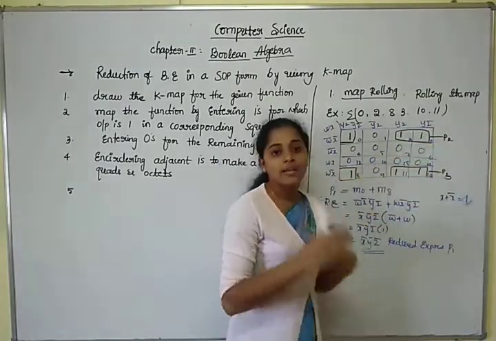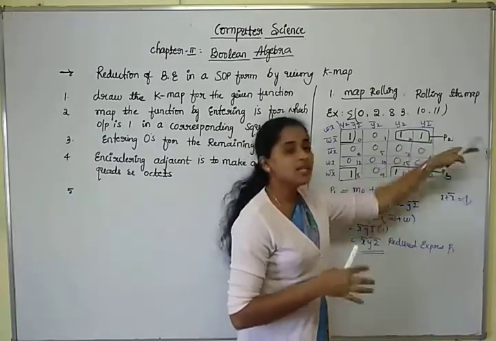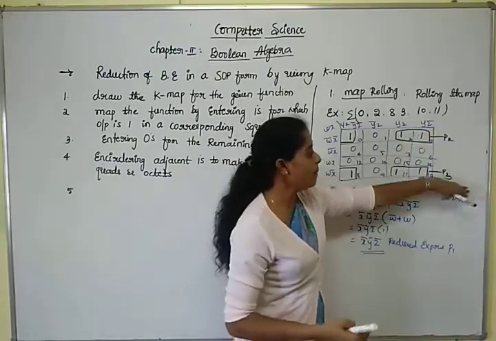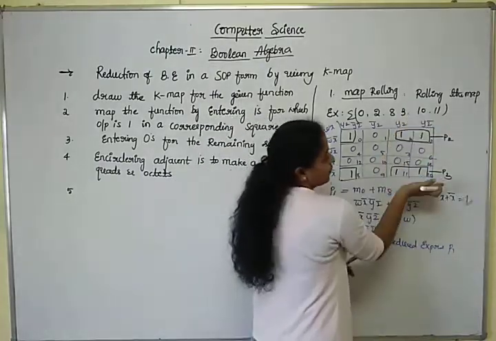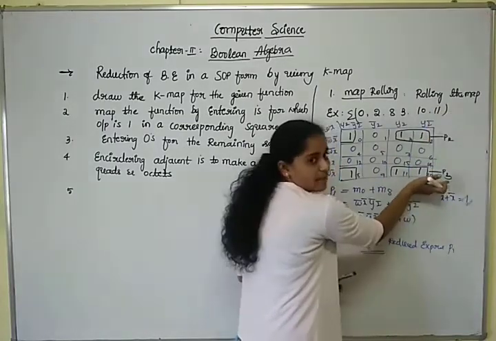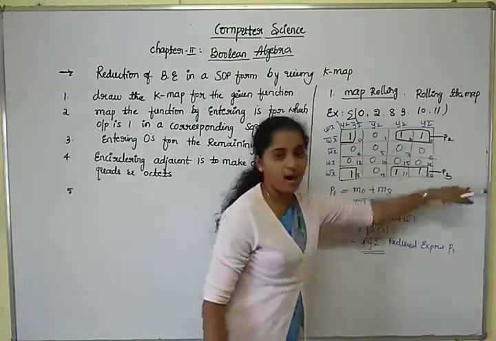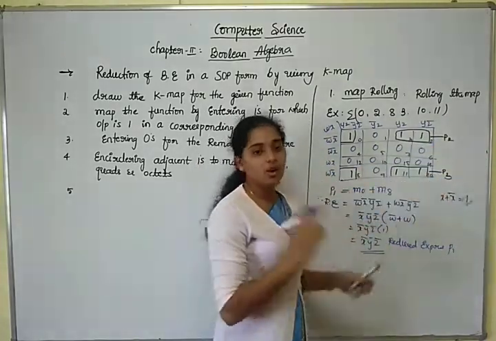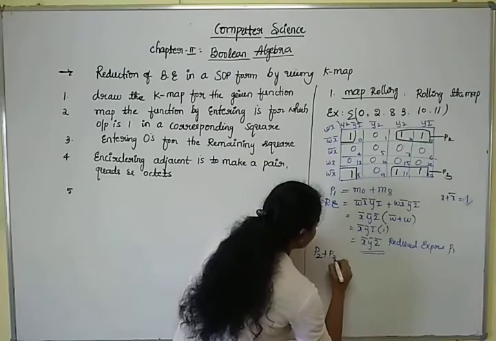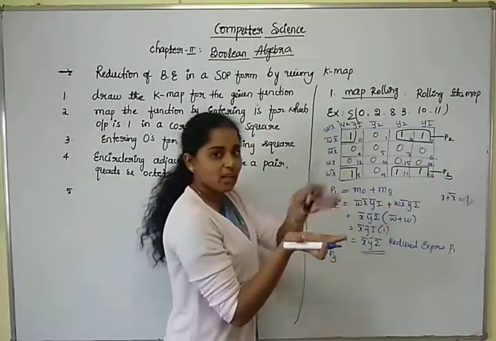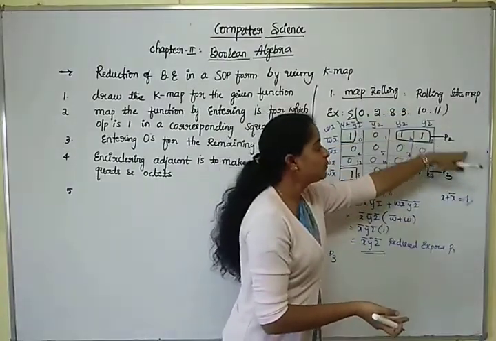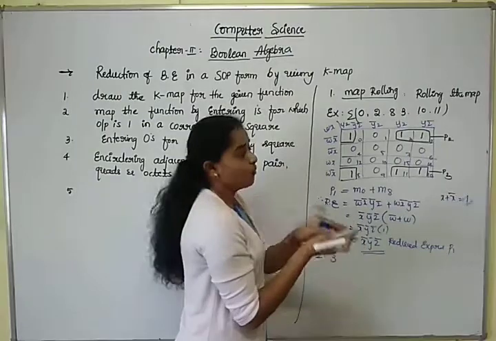If we are rolling the map, when the top edges touch the bottom edges, then these two pairs are combined to form one quad. So this pair 2 plus pair 3, these two pairs are combining. While we roll the map, this top part touches the bottom, and both pairs are combined to form one quad.